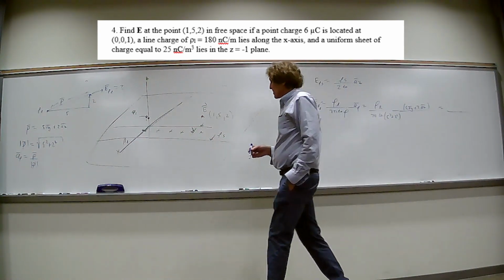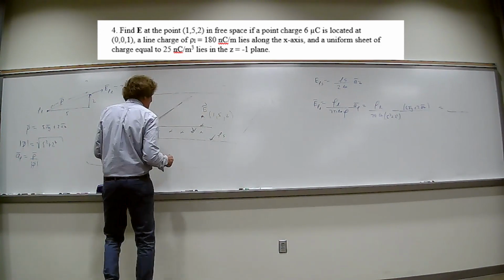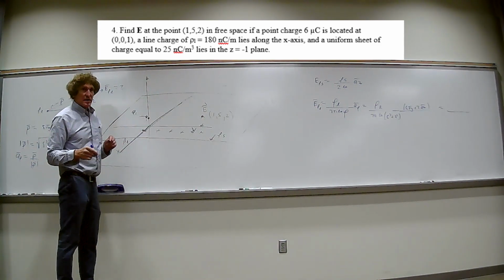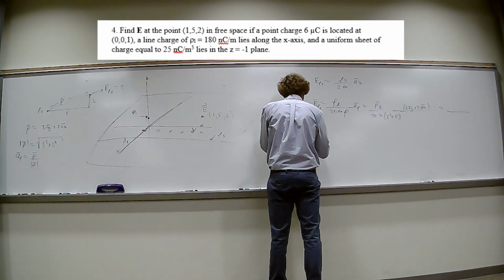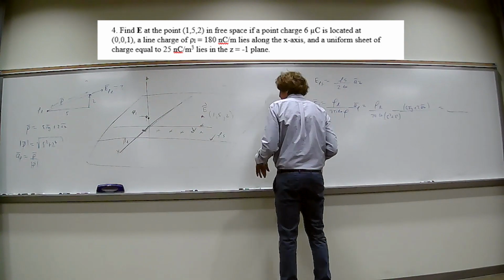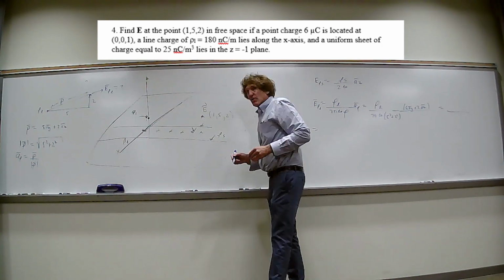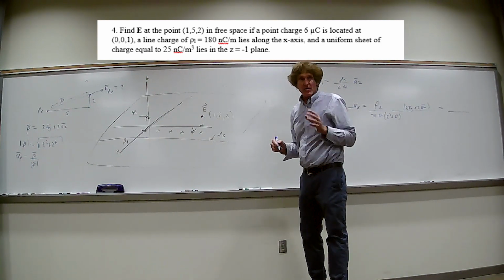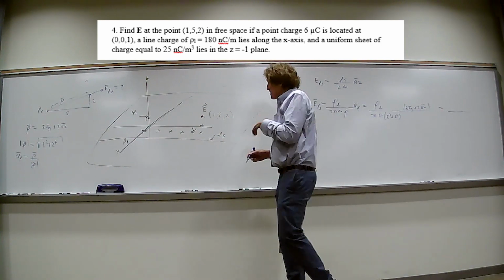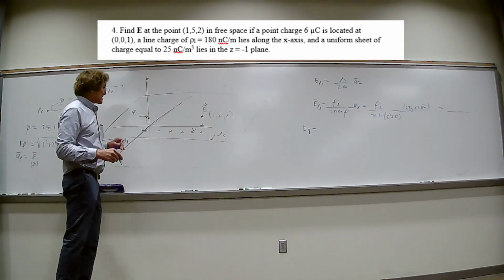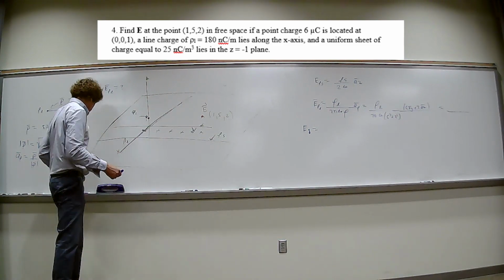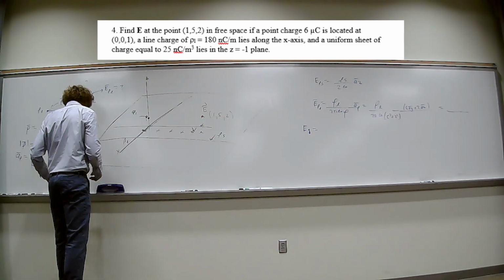Finally, for the point charge at this point, the E field from the point charge at the point of observation is always going to be Q over 4 pi epsilon naught r squared magnitude, right?